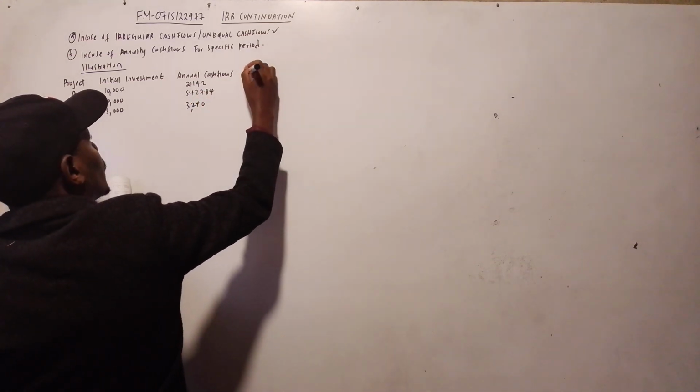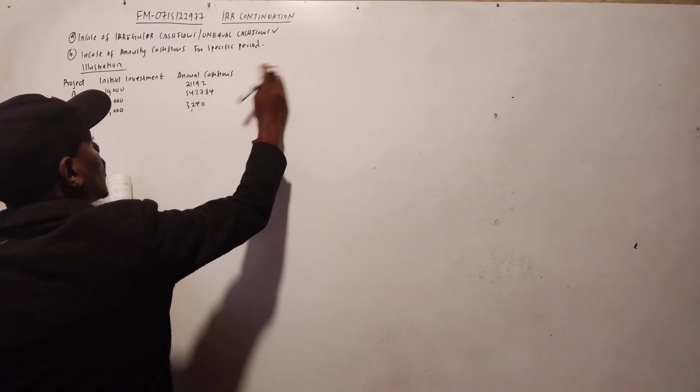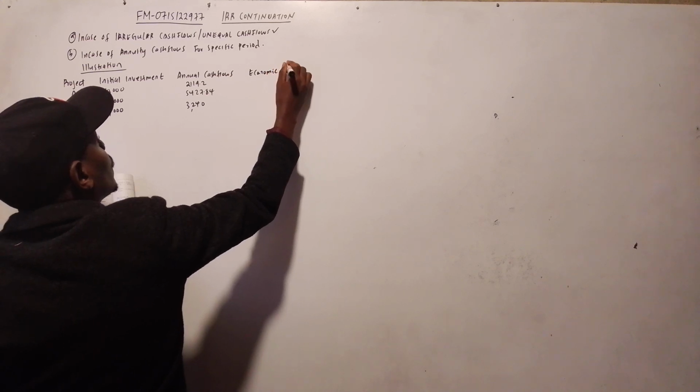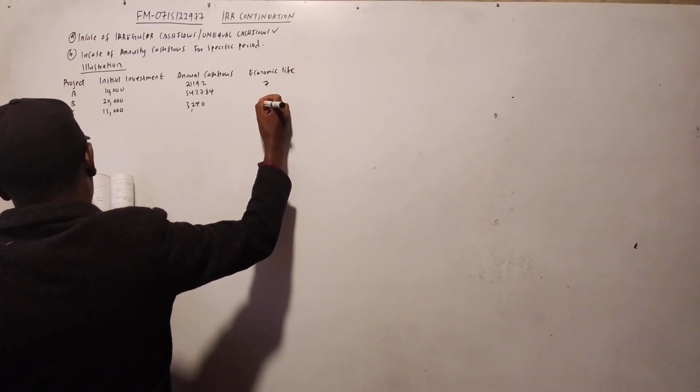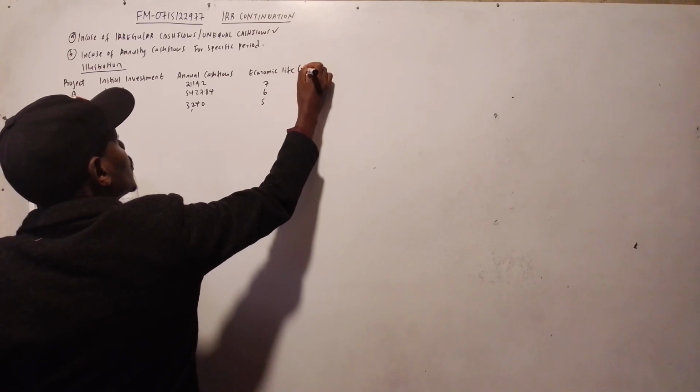Then we have the economic life, or the useful life. The first one is 7 years, 6 years, 5 years. So this one is in years.